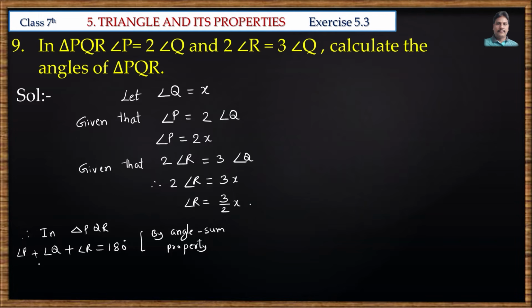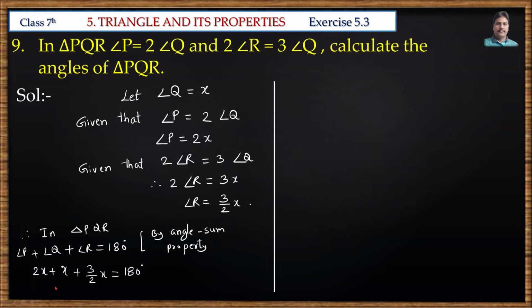What is angle P? Angle P is 2x. What is angle Q? We assumed that angle Q is equal to x. What is angle R? Angle R is 3 by 2x is equal to 180 degrees.